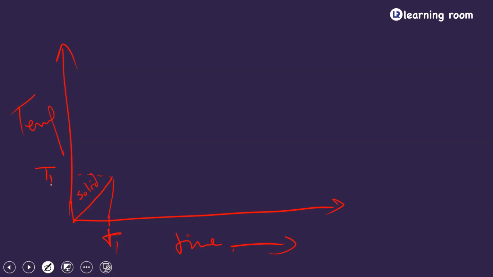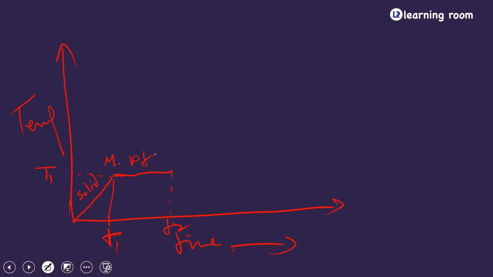This process is called melting. And till melting happens, the temperature remains constant. Time is going on, but the temperature has not increased. This point is called melting point.